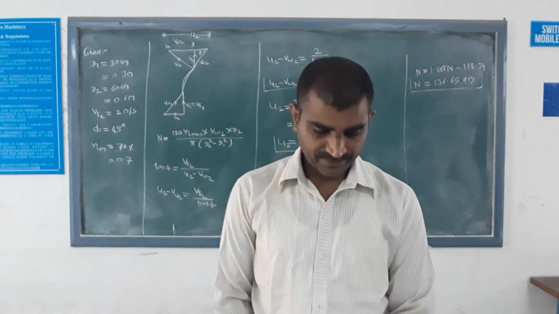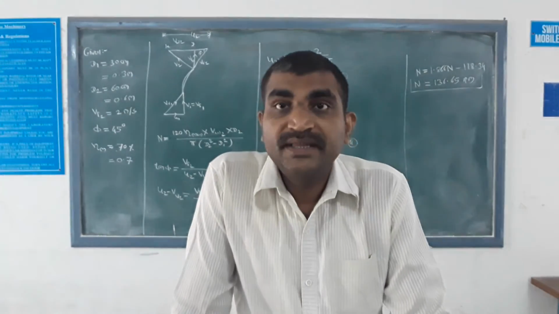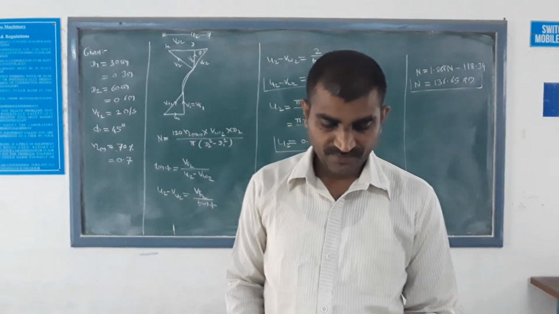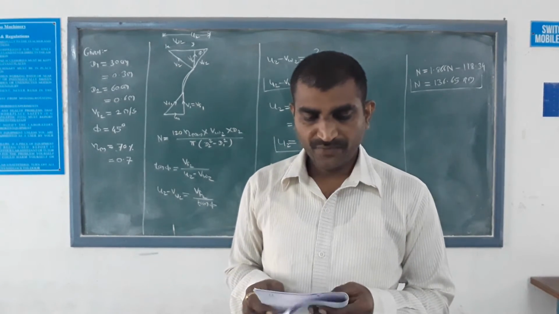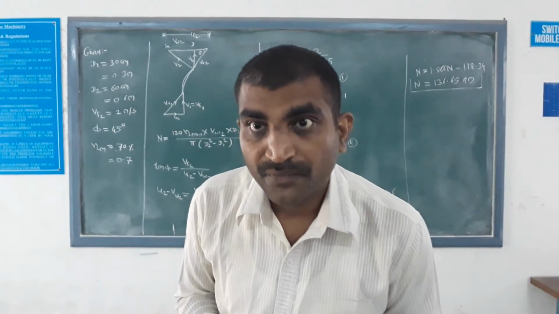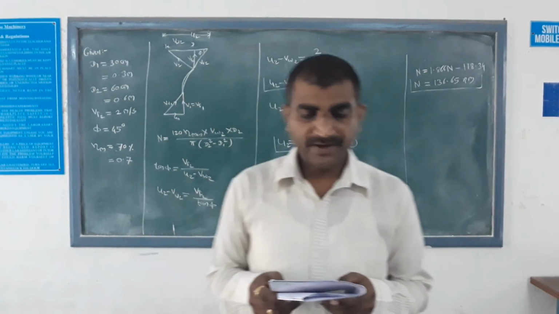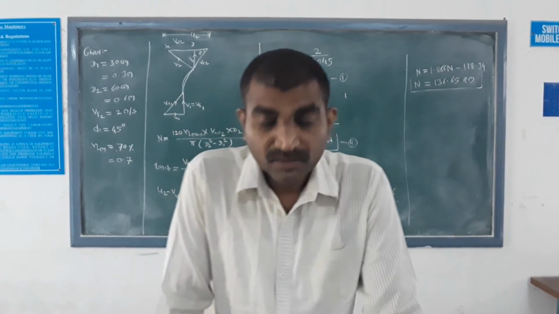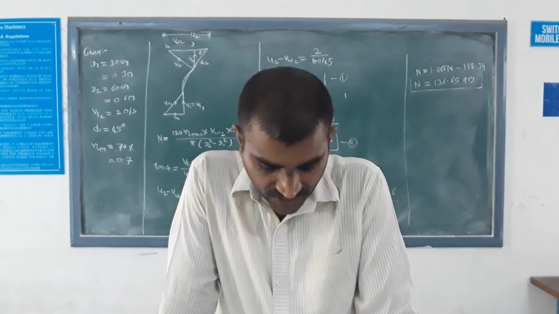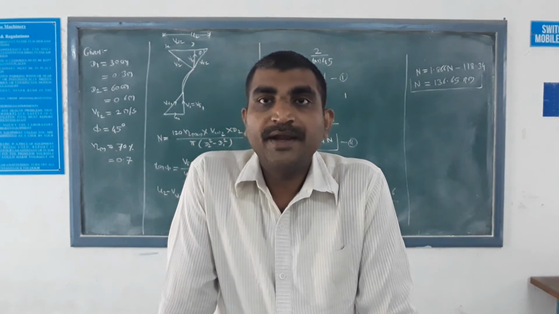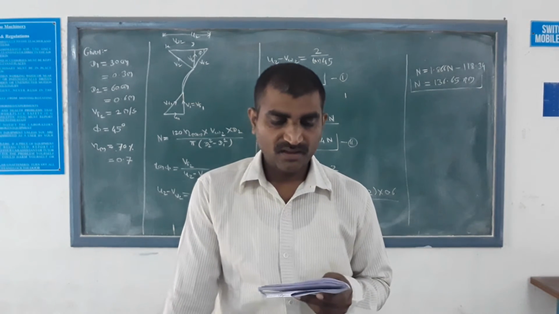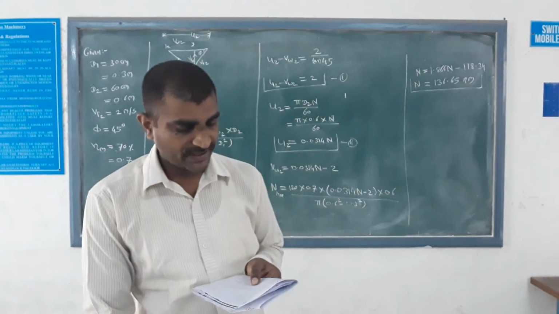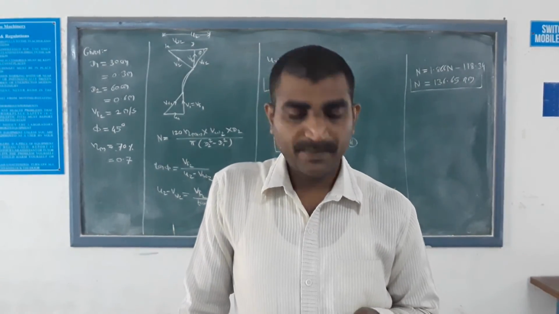The diameter of a centrifugal pump which discharges 0.03 meter cube per second of water against a total head of 20 meter is 0.40 meter.